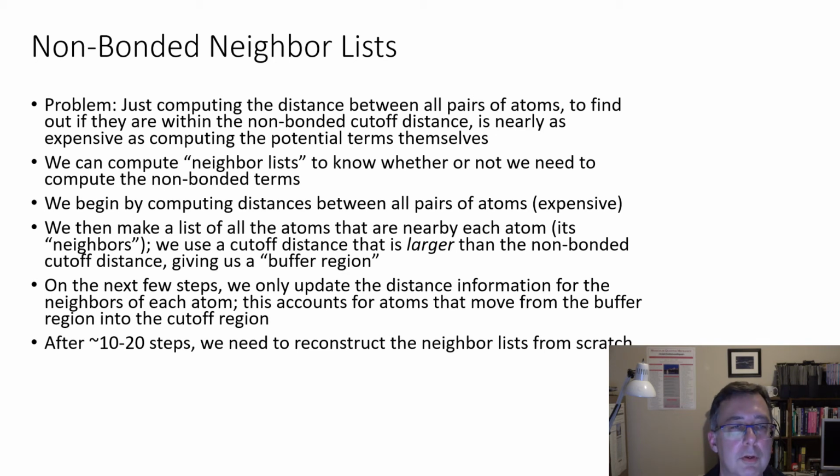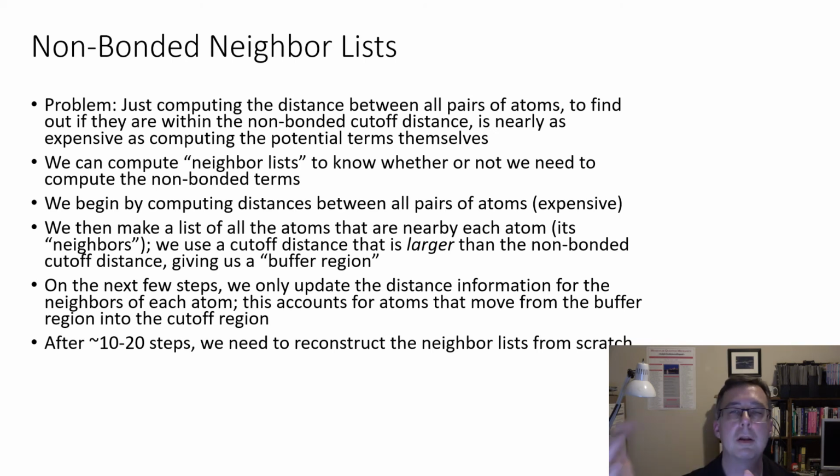One of those is to talk about the non-bonded neighbor list. Okay, what does that mean? Well, if I'm trying to use something like a minimum image convention and have cutoff radii, then I need to know how far apart all the atoms are, right?